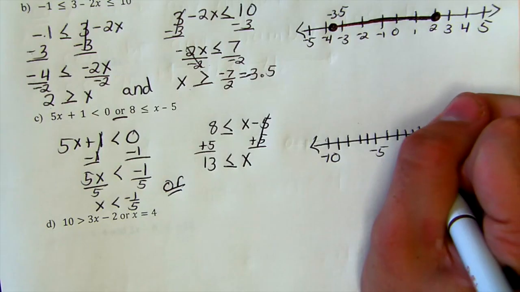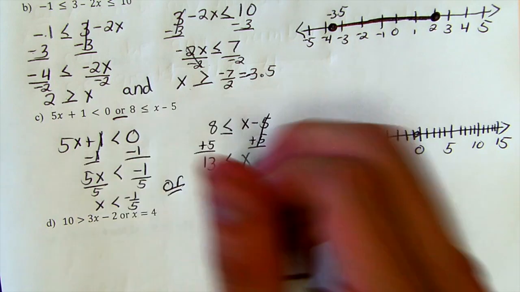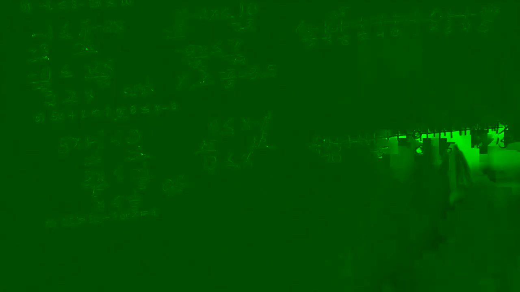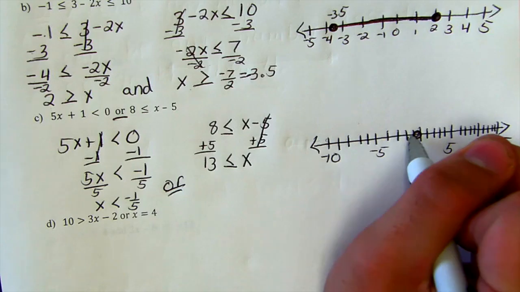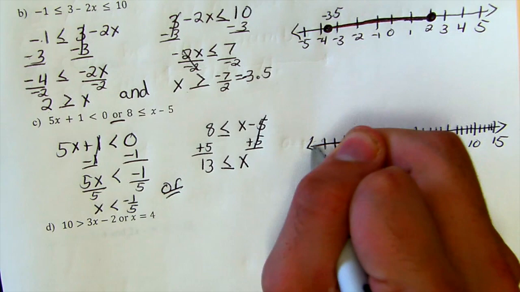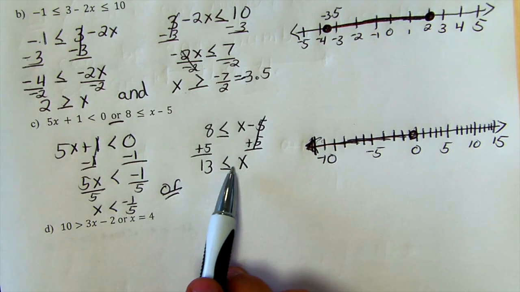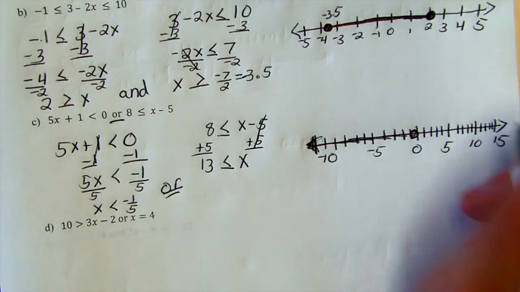So now I'm going to have x is less than negative 1/5. And negative 1/5 is between 0 and negative 1. And since it's x is less than negative 1/5, I'm going to have an open circle, and I'm going to go to the left. And then we have that x is greater than or equal to 13.